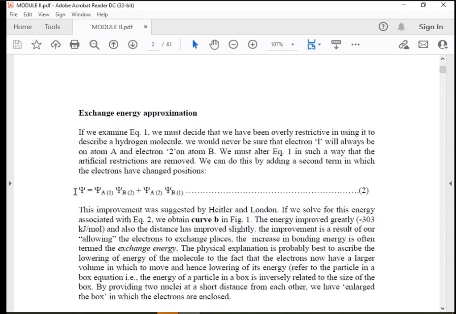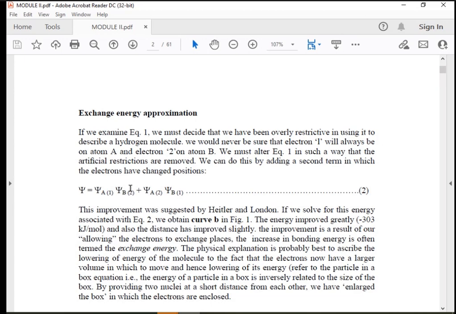The wave function for the molecule which will be produced. These indicate the interaction: the wave function of atom A with electron 1, and the wave function of atom B with electron 2.